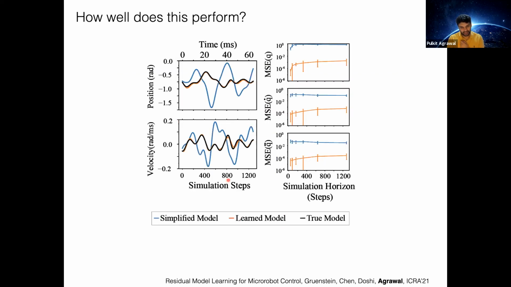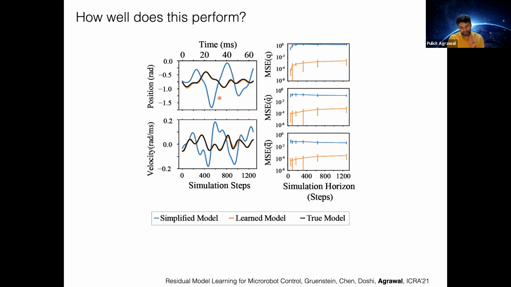So for example, over here, if I show you the position and the velocity evolution over time, and you look at the true model, which is given in black, the blue is the dynamics predicted by the simple model, and the orange line is showing the predictions from this residual model.